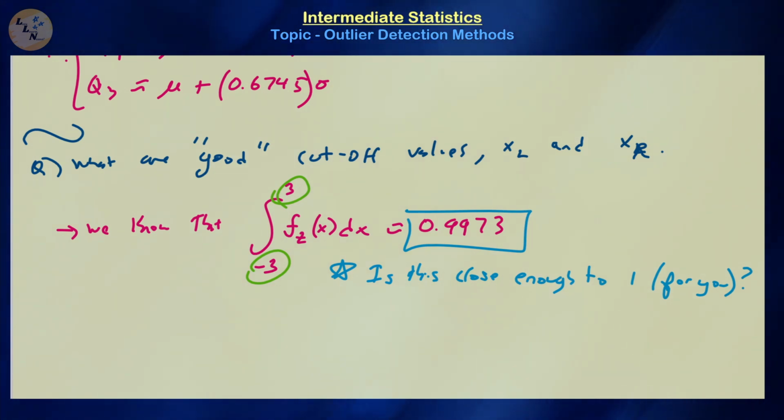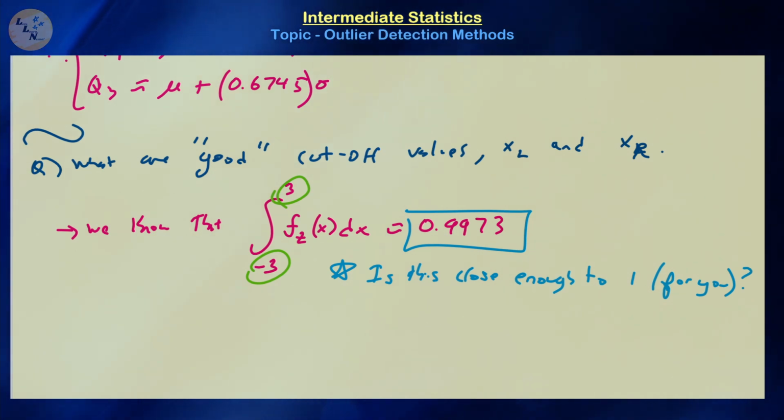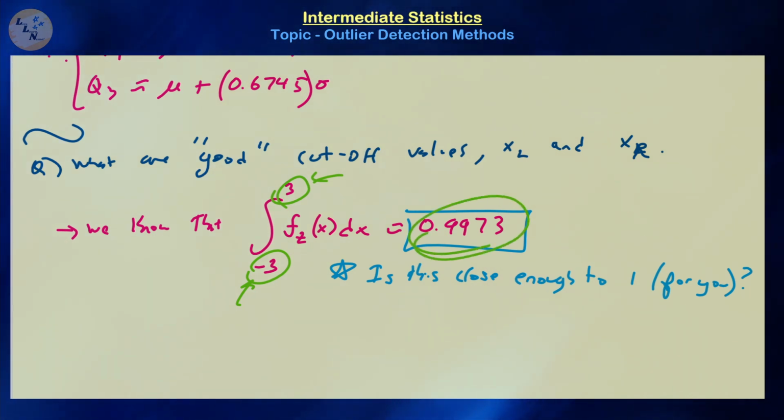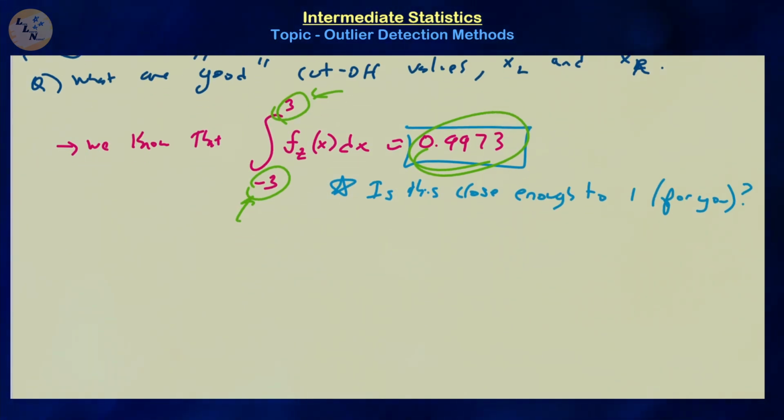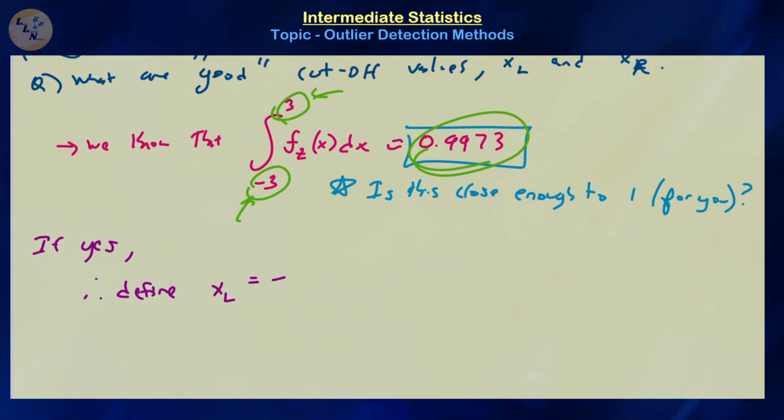So if we sample from a standard normal distribution and we get a value of -3.8 or 5.2, we can classify them as outliers because they are beyond our cutoff values XL and XR, because 99.73% covers most, quote unquote, of the data set, at least with respect to our requirements. So if that is the case, that means what? If yes, then we're going to be defining XL to be equal to -3 and XR to be equal to +3.